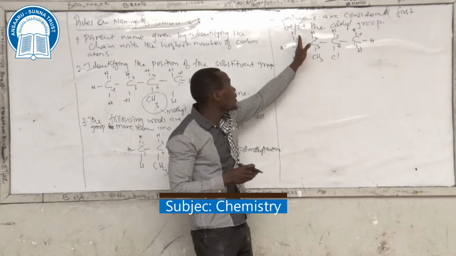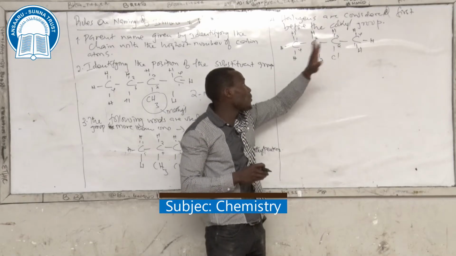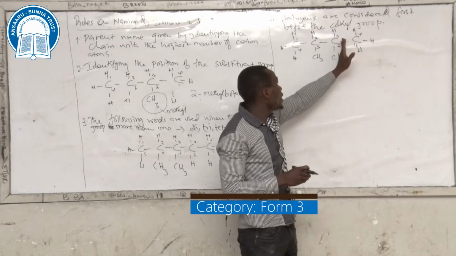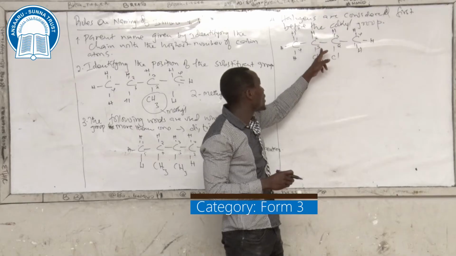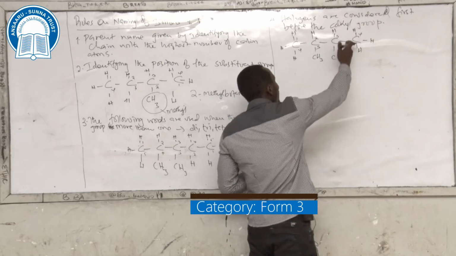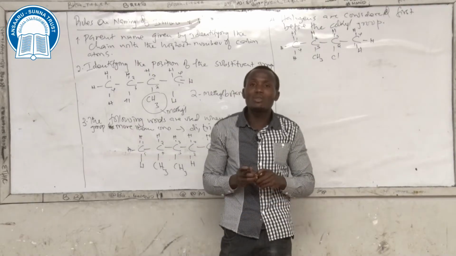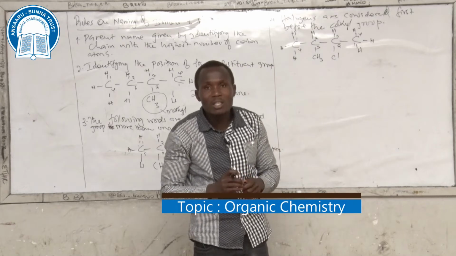If we start naming from this end, we find that the methyl is found on carbon number 2, while chlorine is found on carbon number 3. But if we start from this side, the chlorine will be on carbon number 2, and the methyl on carbon number 3. Therefore, we start naming from this end, since when we have a halogen and the alkyl group, we give consideration to the halogens first.